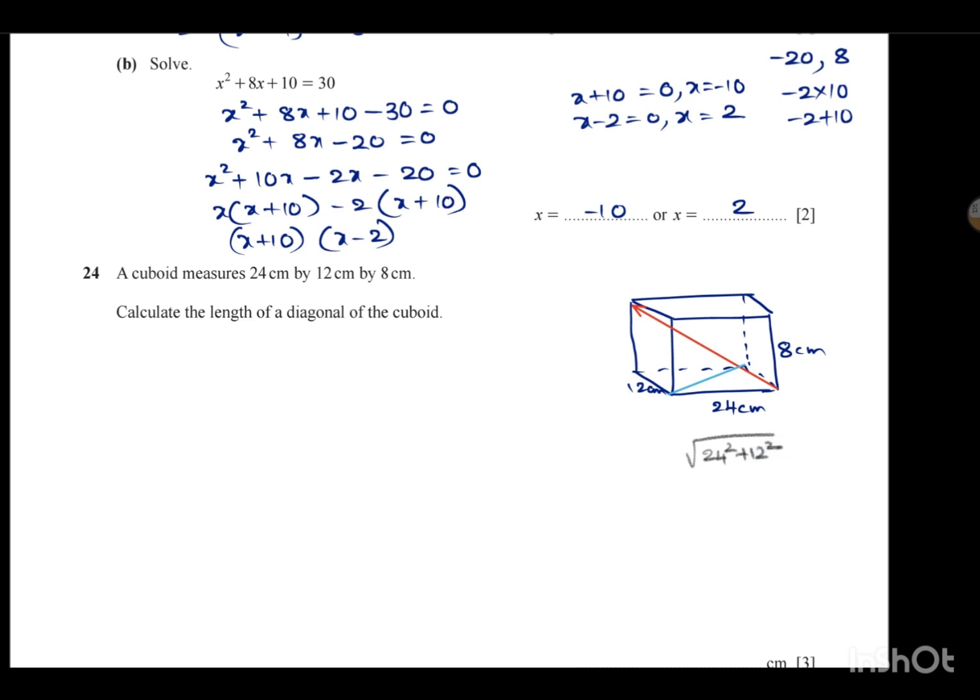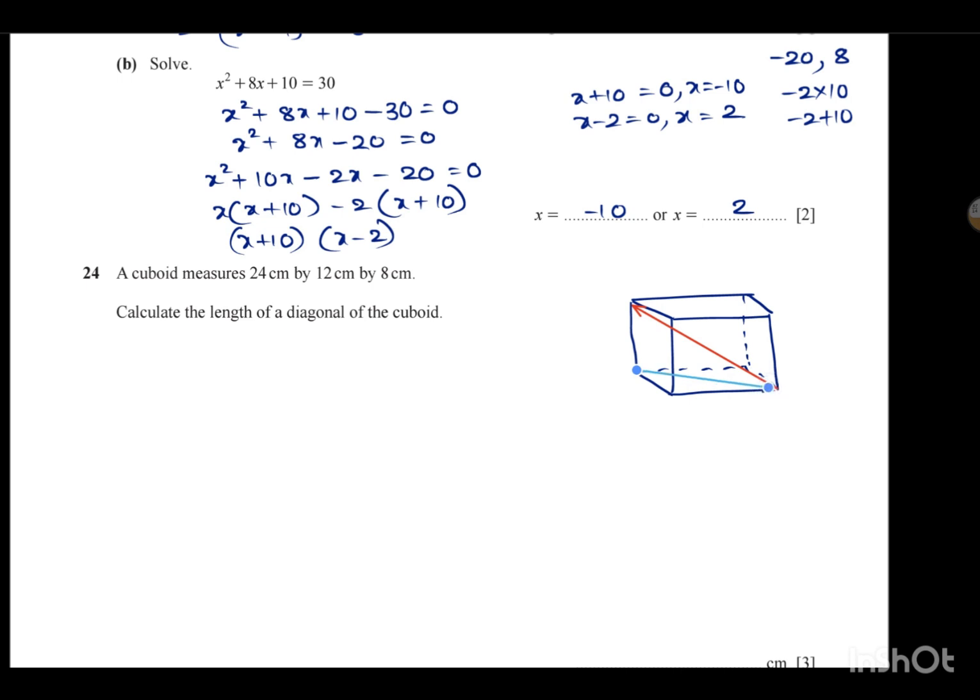Let me change this diagonal. Let me take this diagonal this side, it will be same.